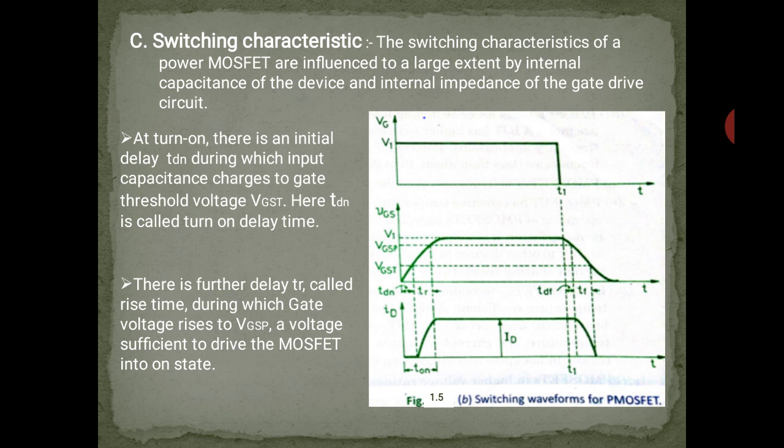The fall time TF is the time during which input capacitance discharges from VGSP to threshold voltage. During TF, drain current falls from ID to 0. So, when VGS is less than or equal to VGST, power MOSFET turn off is complete. That is shown in the switching characteristic of power MOSFET.